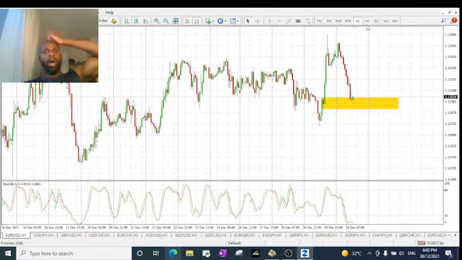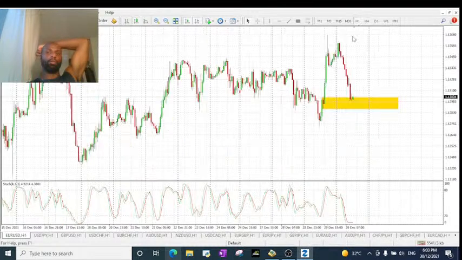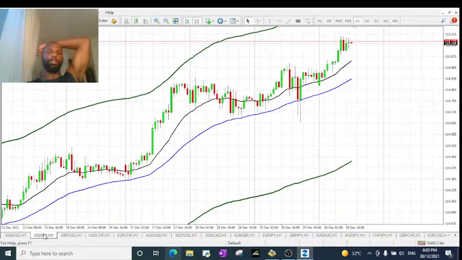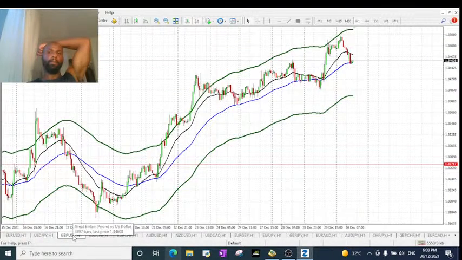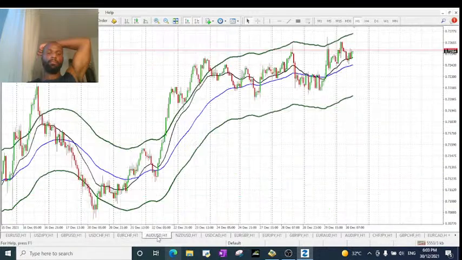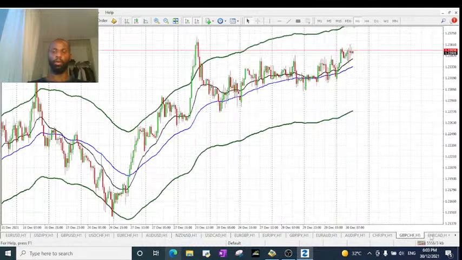Anyway, let's see what happens. I'm not saying this will work, but it's just an example of what to look out for to know that price is losing momentum. Oh, we've got a new candle.